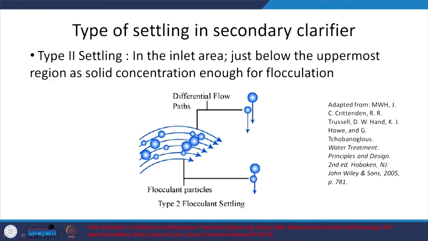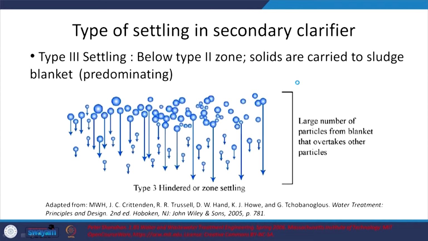So, just below the uppermost region, solid concentration is high enough for flocs to be formed. So, here you are going to have our inlet area type 2, and where the concentration is less at the uppermost reaches, it is going to be type 1 settling. And below the type 2 zone, solids are carried to the sludge blanket, type 3 settling, zone settling, that is what we see.